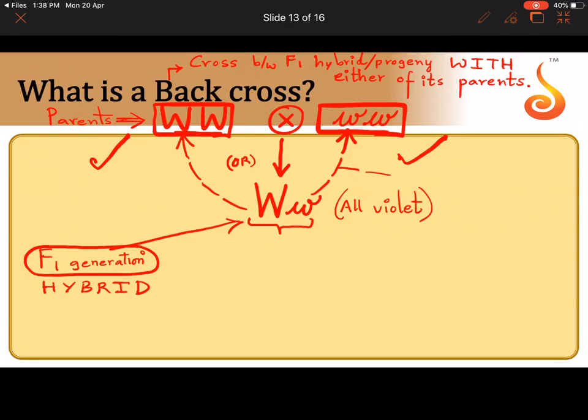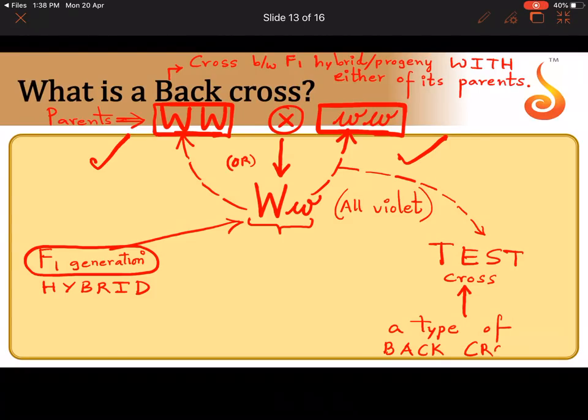But if you are doing this with the recessive parent, then what do we call it specifically? Test cross, isn't it? Just now we discussed. So test cross is actually a type of back cross, because back cross means you cross it with either of them. But if you are crossing it with its recessive parent, you give it a separate name called test cross. That means test cross is nothing but a type of back cross.